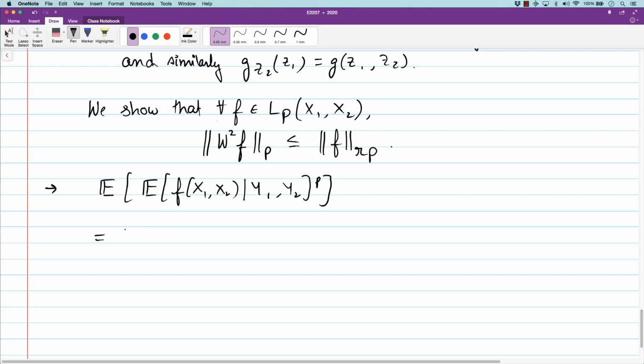This can be written as expected value, where the expectation is over y1, of the pth norm of W2 of f of y1, y2, to the power p.